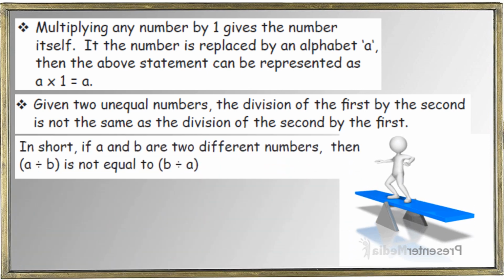In short, if A and B are two different numbers, right, then A divided by B is not equal to B divided by A. So here 2 divided by 8 is not equal to 8 divided by 2. That's what is given. Clear? So here 15 divided by 3 is not equal to 3 divided by 15. That's what they have informed.